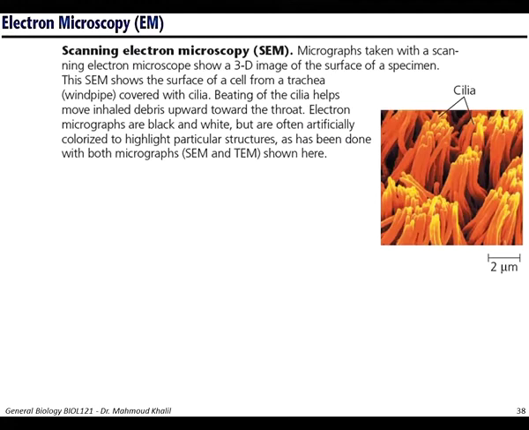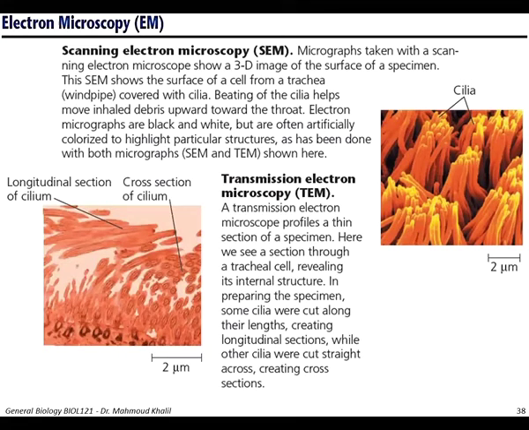So actually the scanning basically looks at the overall structure from outside, while transmission electron microscope looks internally into the internal structure of the cells or the tissue. As you see, it is actually the same picture of the cilia, but this one, the specimen has been cut as a cross section or longitudinal section of the cilium to see the internal structure.